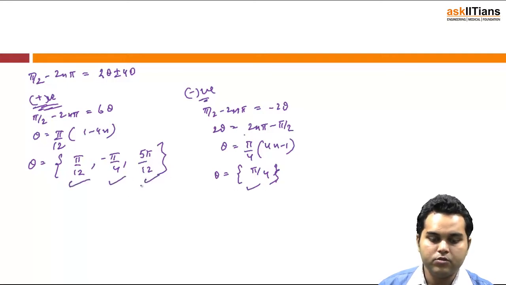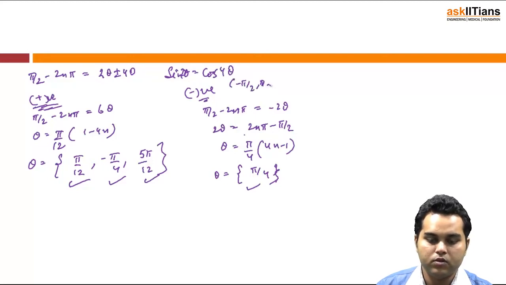For these 4 values, the equation sin 2 theta equal to cos 4 theta, lying between minus pi by 2 to pi by 2, these are the 4 values, that is pi by 12, plus minus pi by 4 and 5 pi by 12.